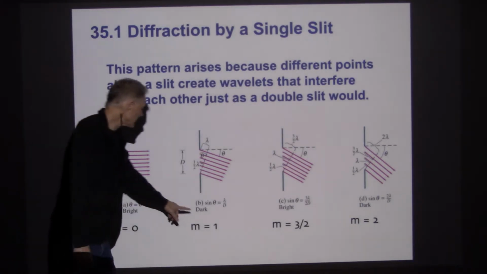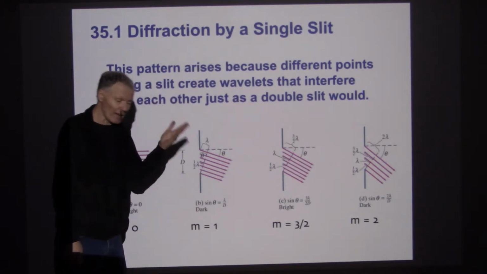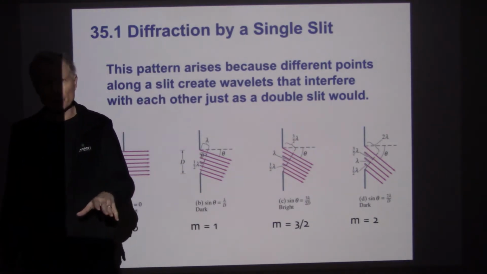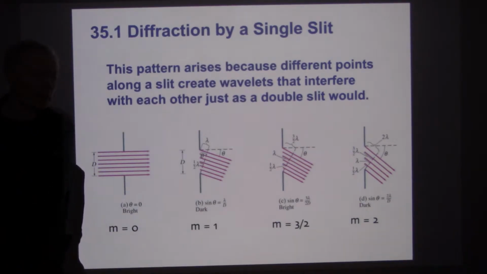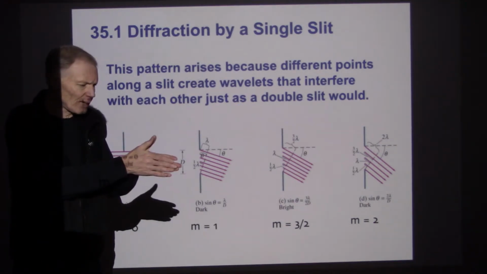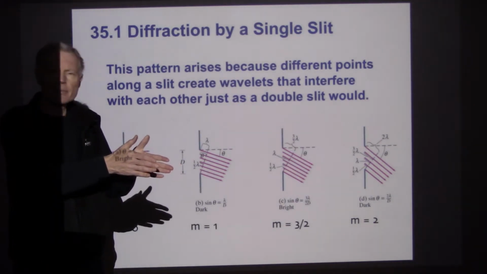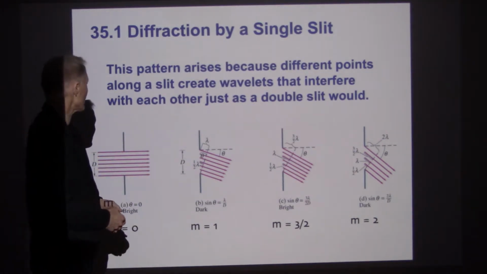Now, why is it when we get to m equals 1 that instead of having a bright region, we have a dark region? Well, diffraction really is different than a series of slits, because diffraction means that you've got this continuously varying phase between each one of the possible paths.